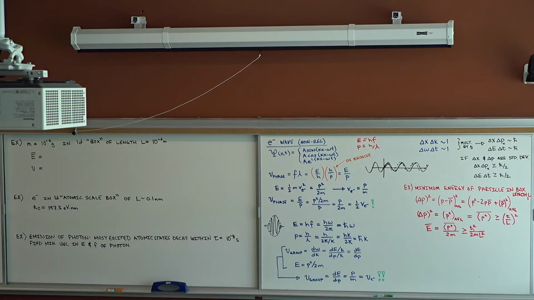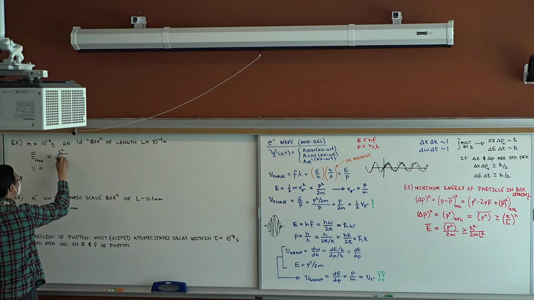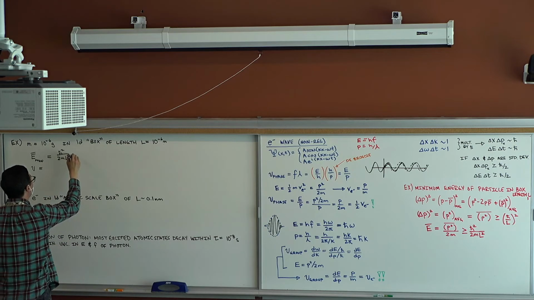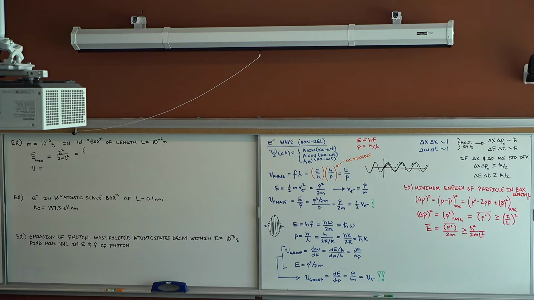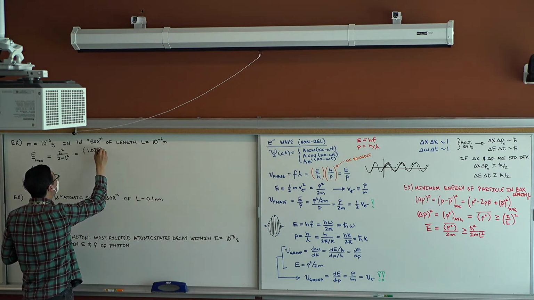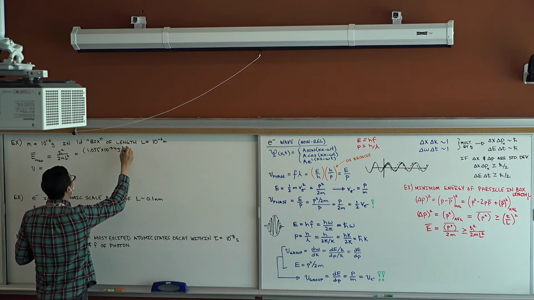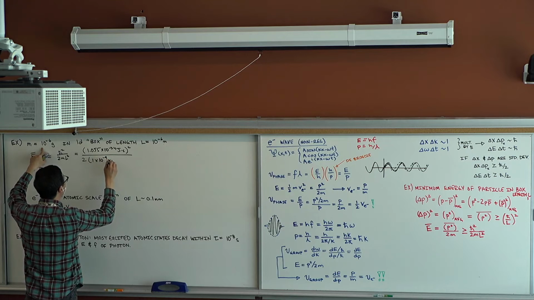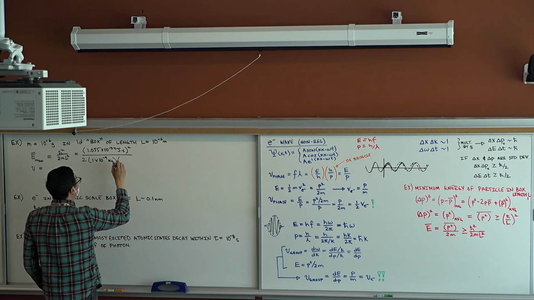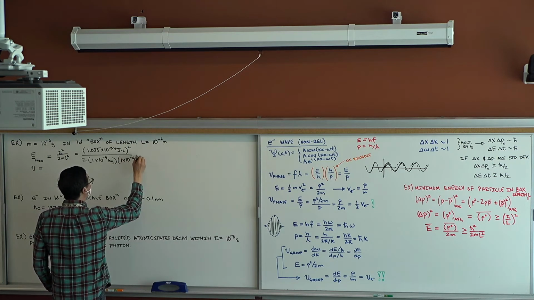So if we have that E min is going to go as h bar squared over 2mL squared, well, that's 1.055 times 10 to the minus 34 joule seconds, squared, over 2 times the mass, 1 times 10 to the minus 9 kilograms. Let's do this in SI. Divided by 1 times 10 to the minus 6 meters, squared.